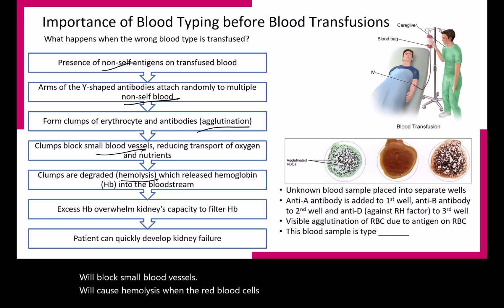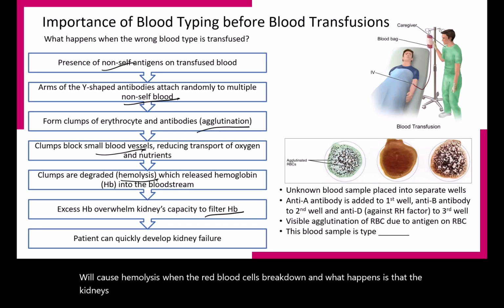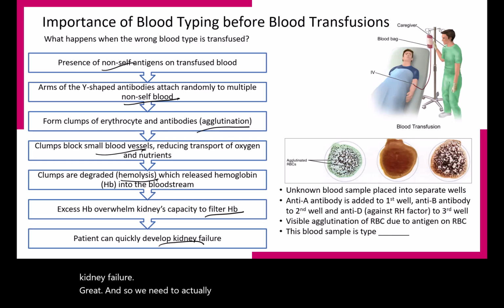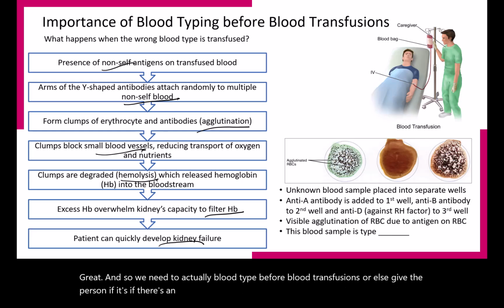The kidneys can't filter the destroyed red blood cells, and the patient can very quickly develop kidney failure, right? So we need to blood type before blood transfusions, or else, in an emergency, give the person type O negative blood.